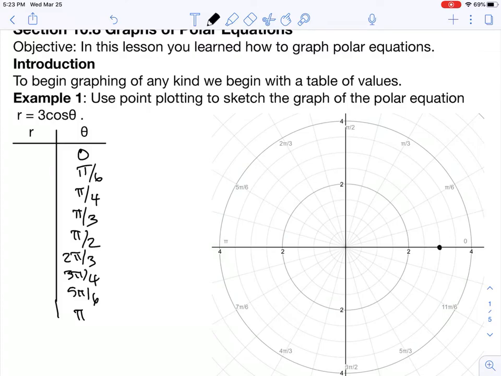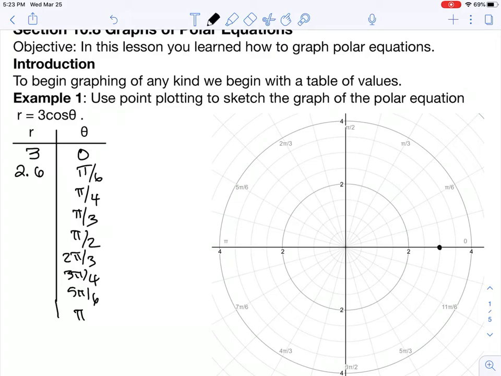So if you will run those through your calculator real quick and get the r values. If you're going to do that with 3 cosine of theta, then make sure you're in radian mode if you use these, or degree mode if you change them to degrees. Okay. All right, so we should get 3, and then pi over 6 would be 3 square root 3 over 2, which from my calculator is around 2.6.